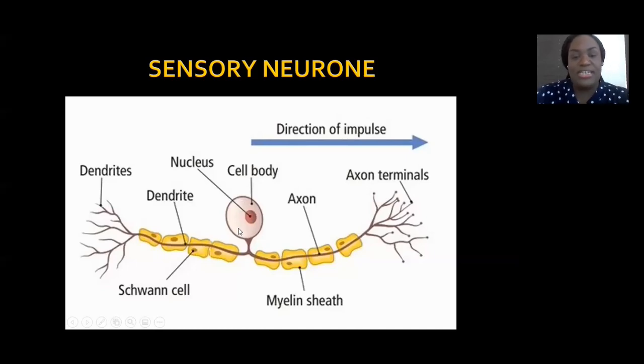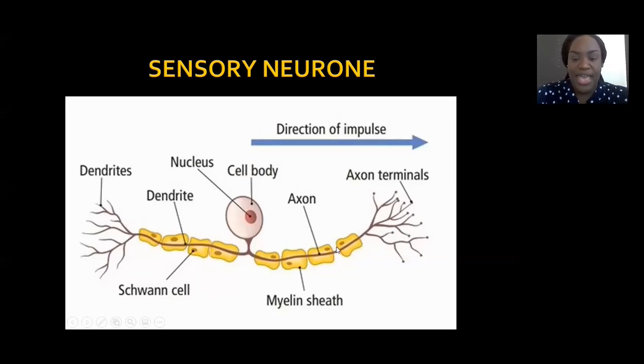So this is a cell that you would normally be familiar with. Okay, now remember that these neurons are special. These are specialized cells, so they're going to look uniquely different from any other type of cell. Okay, so the structure that I want you to notice is the axon.